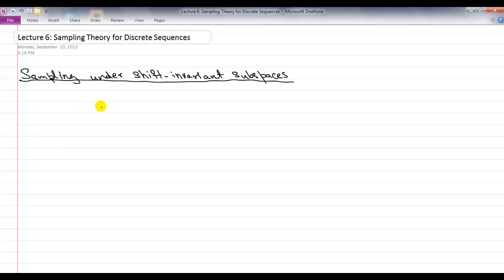And the basic message we got was that if you have a subspace S, which is a subspace of a Hilbert space, an inner product space, and it is a shift invariant subspace, which means that if we shift any element of that subspace by some multiple of your time period, you get back another element within the same subspace.